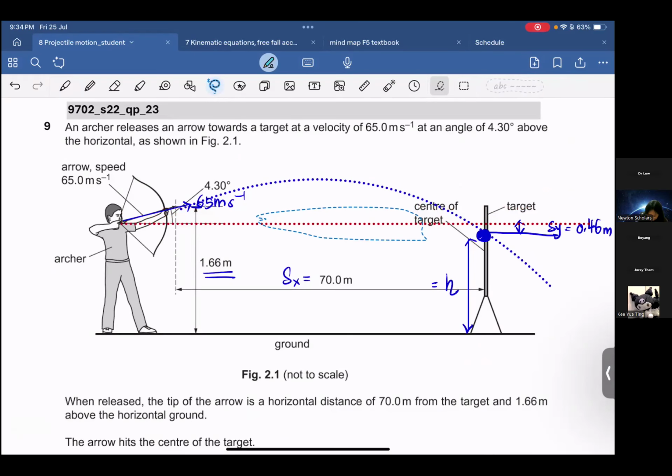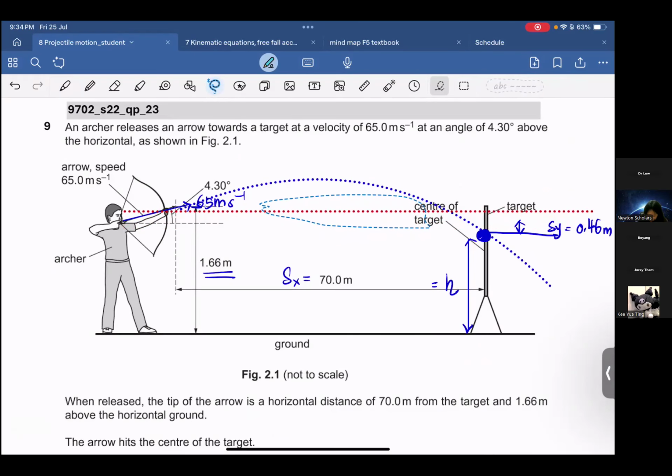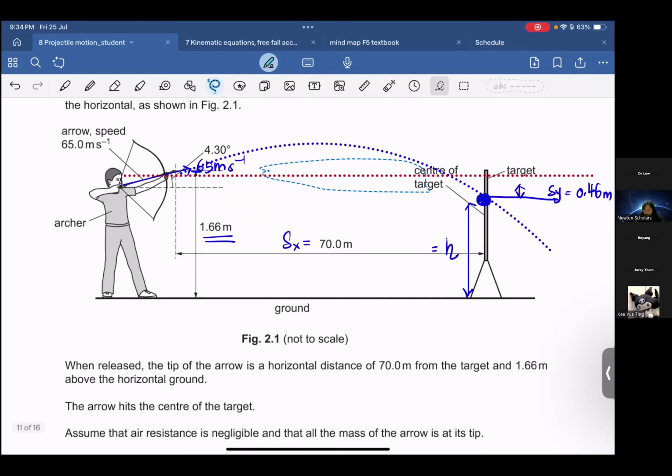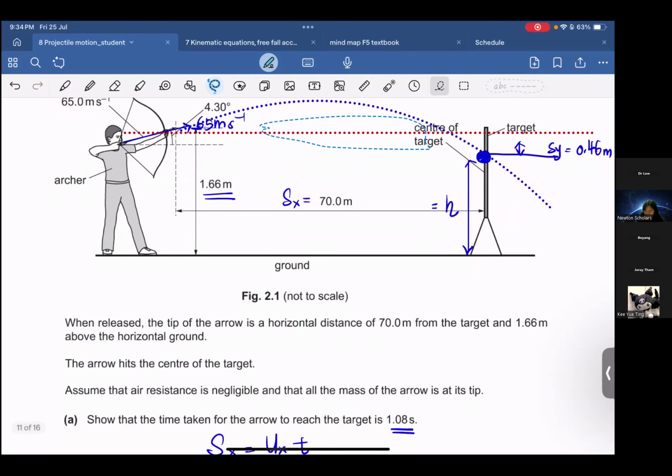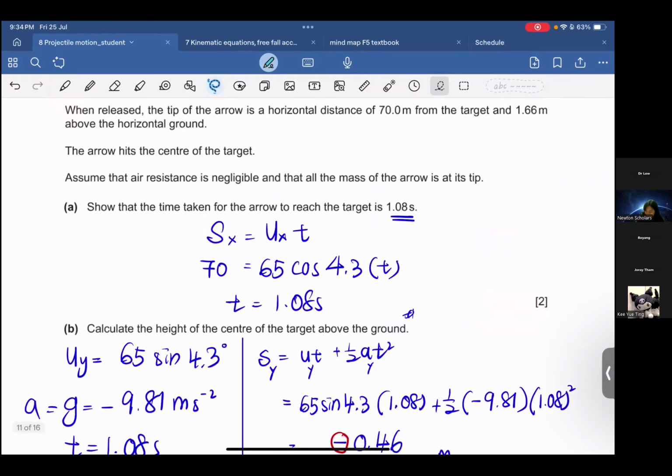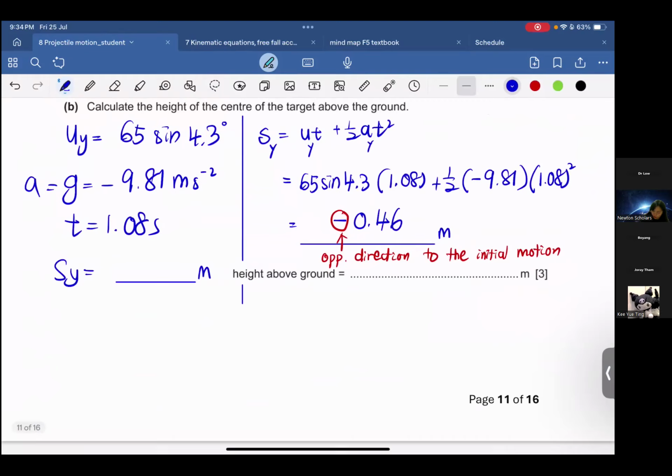It should be from somewhere here. Yeah, something like this. Okay, here your height should be 1.66 minus 0.46. You get 1.2 meter.